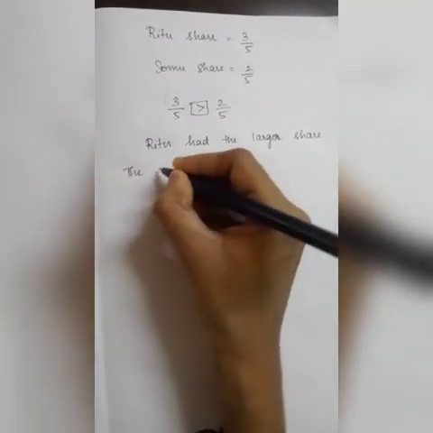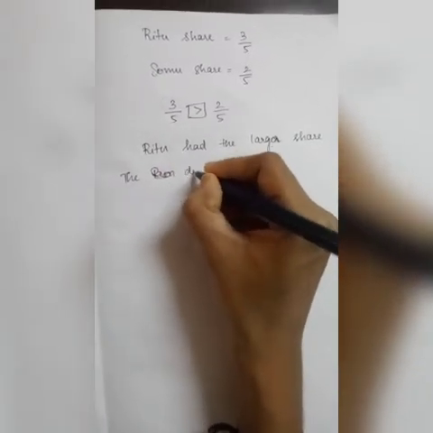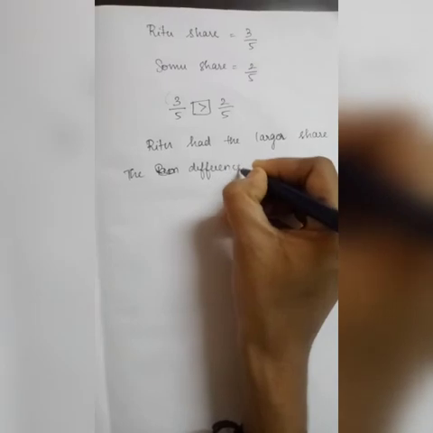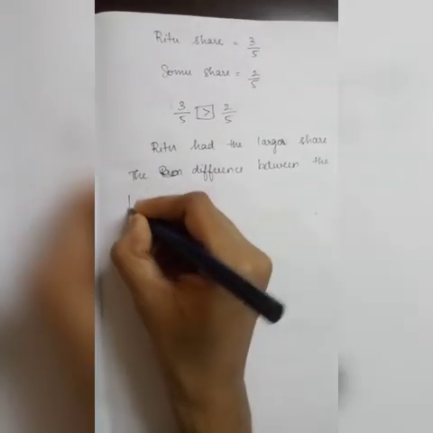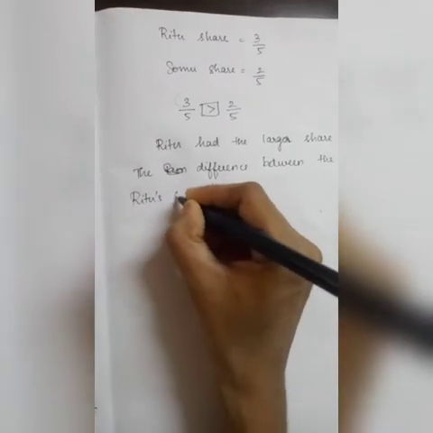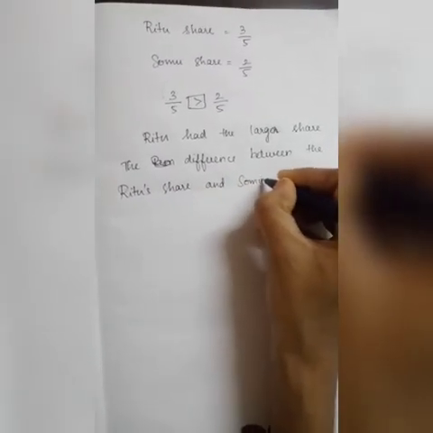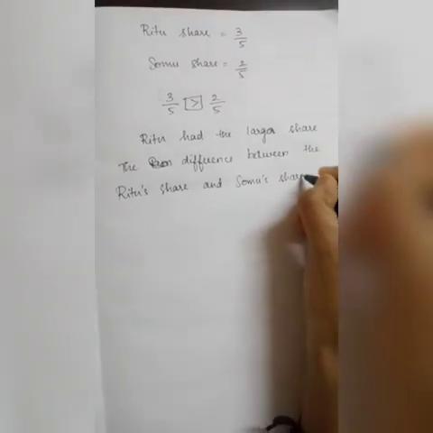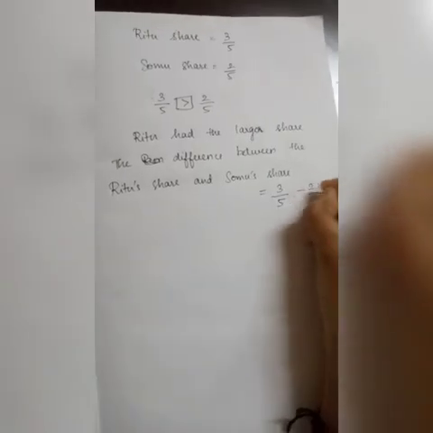The remaining or difference between the Ritu share and Somu share is, we are going to find for how much. So 3 by 5 minus 2 by 5.